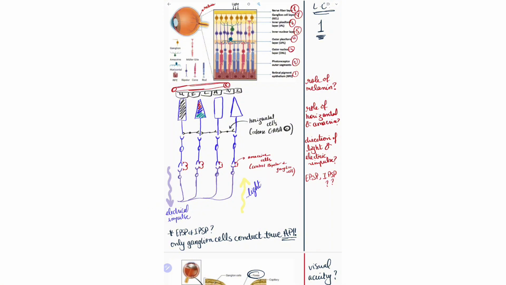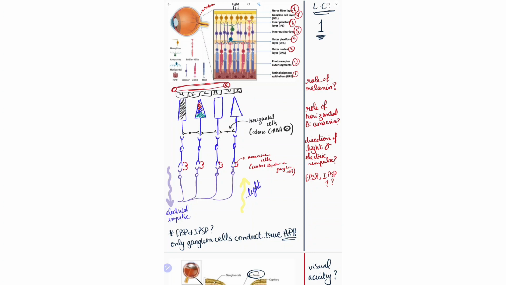This is a very important point because action potential in this region is not formed unless it's in the ganglion cells. Here, we have either EPSP or IPSP. Now, what does each mean? EPSP means excitatory postsynaptic potential. It means that these are excited.